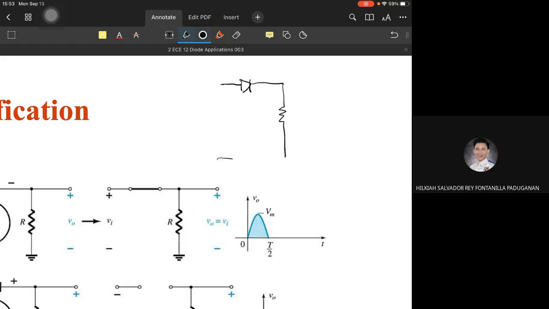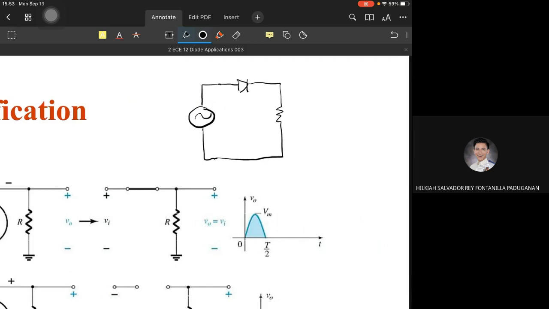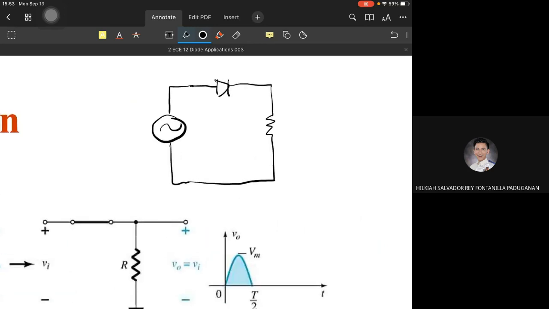If the source is an alternating current source, this simple circuit by itself is already a half-wave rectifier, so the signal undergoes half-wave rectification. This is the circuit for the half-wave rectifier: a diode in series with a resistor.